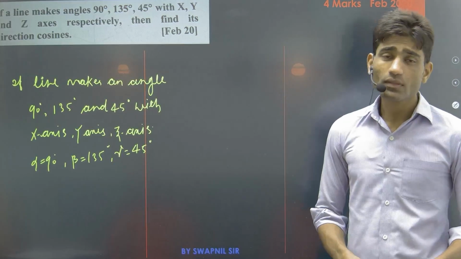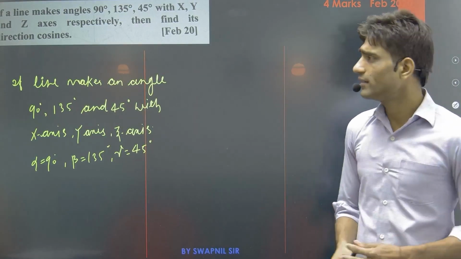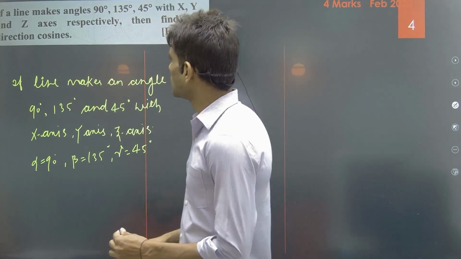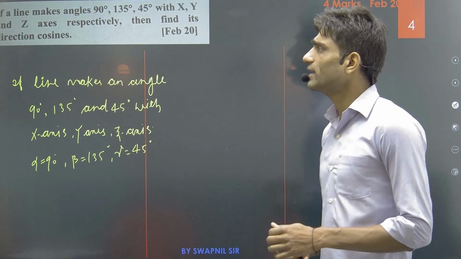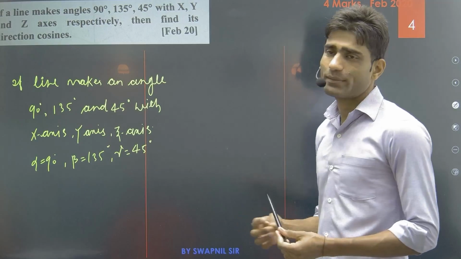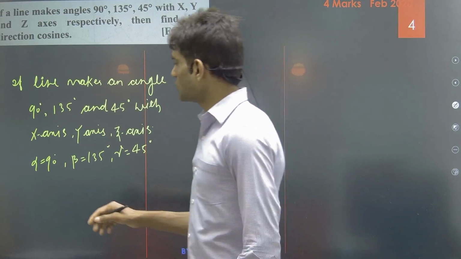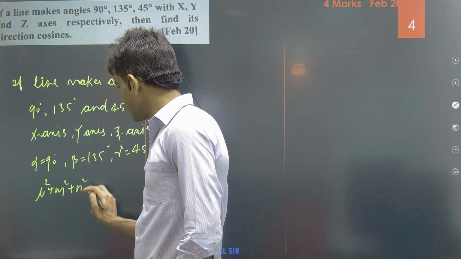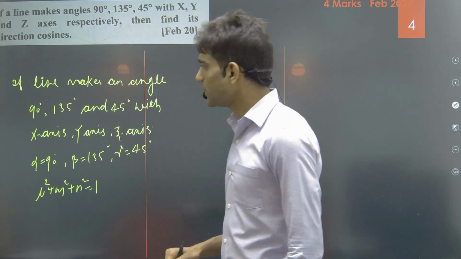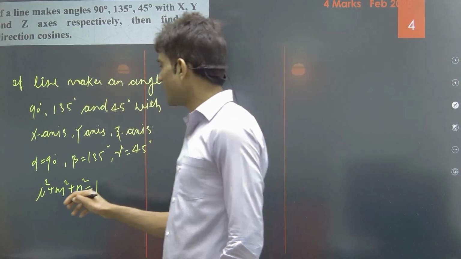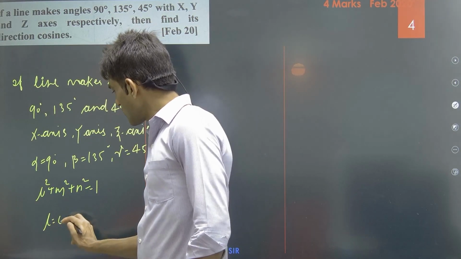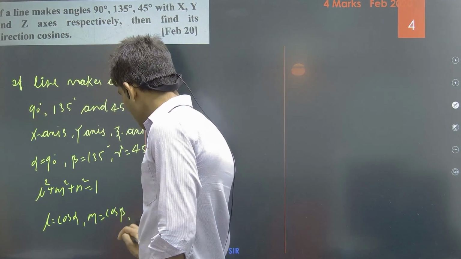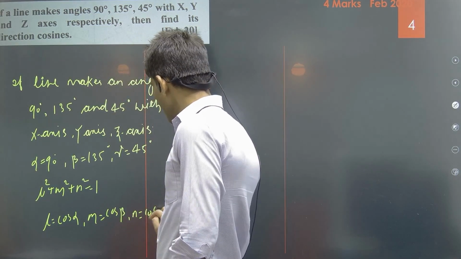And we know one of the standard theorems from vectors, direction ratios and direction cosines, which is important for finding the direction cosines. We know that l square plus m square plus n square equals 1. A similar result we use here. l can be defined as cos alpha, m as cos beta and n as cos gamma.